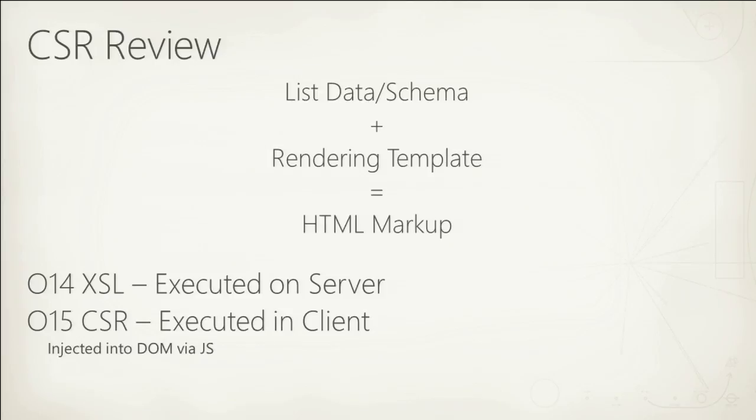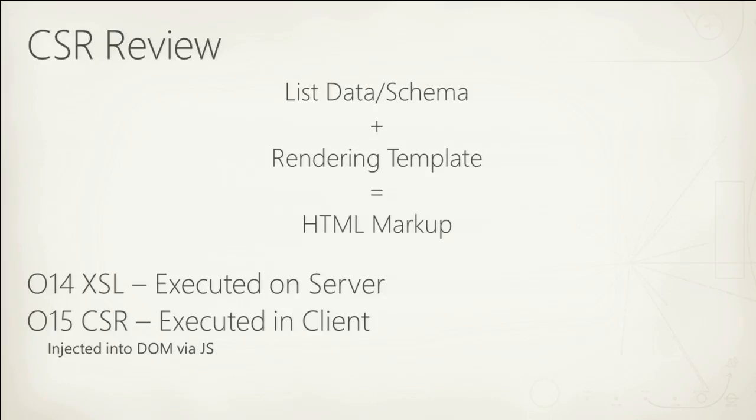In Office 15, the SharePoint 2013 world, sorry, I'm going to be interchangeable on that. You just have to live with it. In the 2013 world, CSR executes on the client. What we send down is basically a JSON object, which is the data, a JSON object which is the schema, and we send down either straight up JavaScript for the templates, or a reference to say, hey, please go download this JS file.